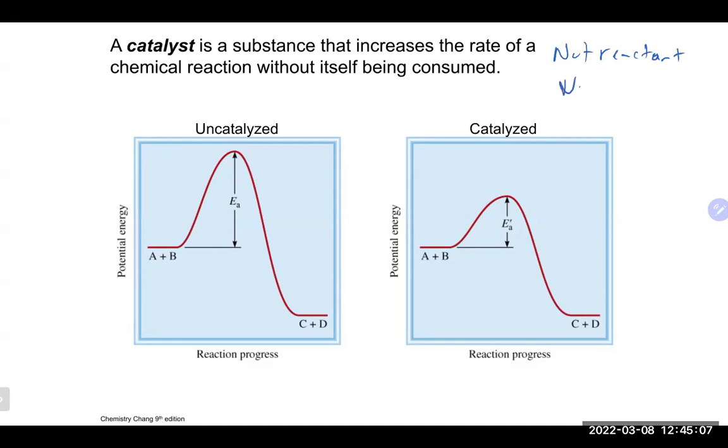It's not a product. And it does not get used up in the reaction. It is still there at the end. It is there really just to facilitate, in most cases, that reaction occurring a lot faster.